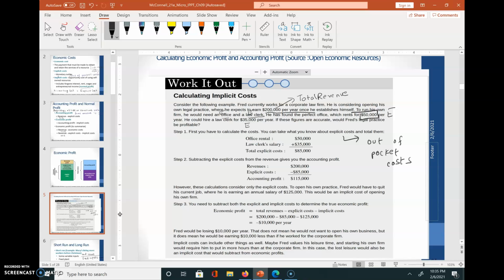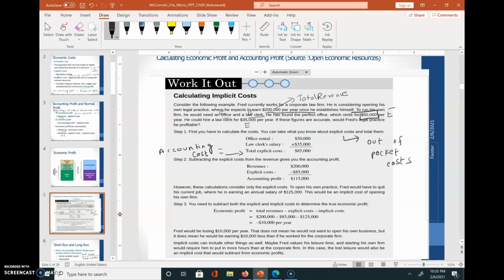Now we have the law clerk's salary, that is $35,000. So the total explicit cost is $85,000. So this explicit cost is also called the accounting cost. Okay. Now the total revenue is $200,000.